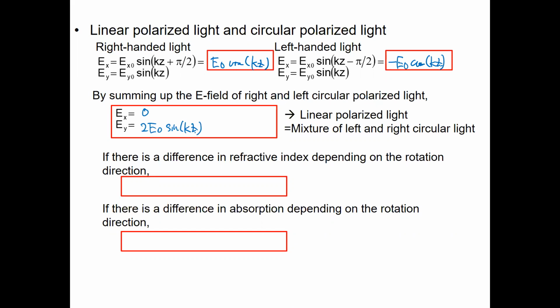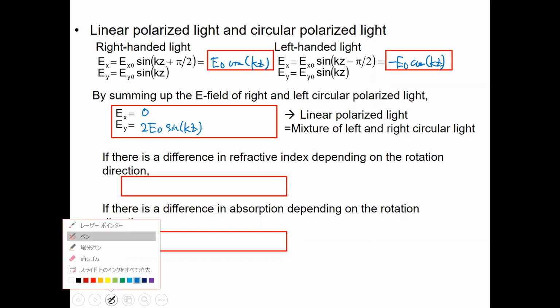So meaning that EX disappeared. So with right-handed and left-handed ones summed up, the EX field in the X direction disappeared, and only the EY field remains, becoming the linear polarized light.